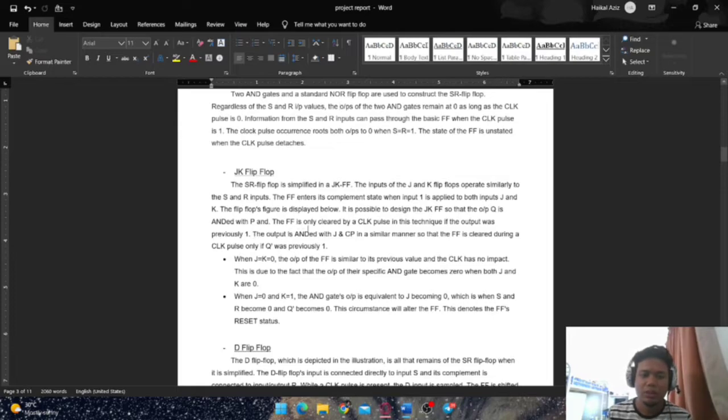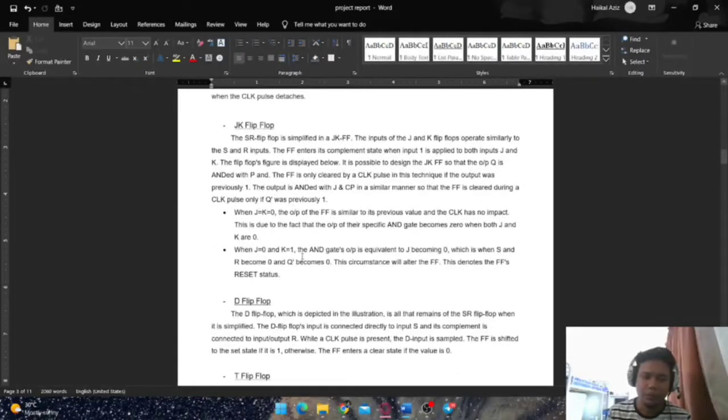The output is ANDed with J and CP in a similar manner so that the flip-flop is cleared during a clock pulse only if Q was previously 1. You can see the one J.